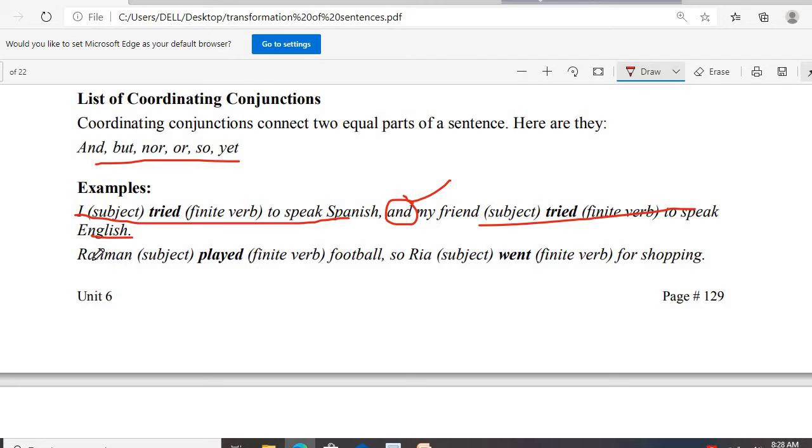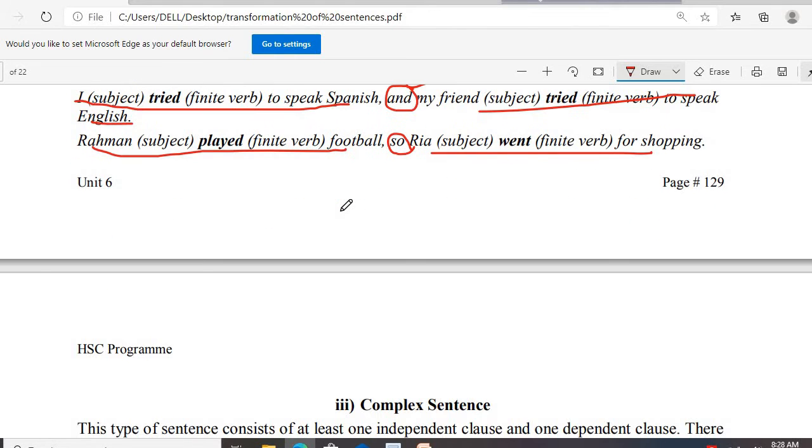Rahman played football, principal clause. Ria went for shopping, another principal clause, and these two principal or independent clauses have been joined together with so. So these two are compound sentences.